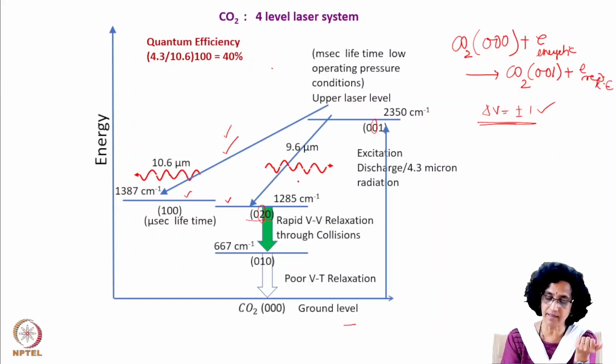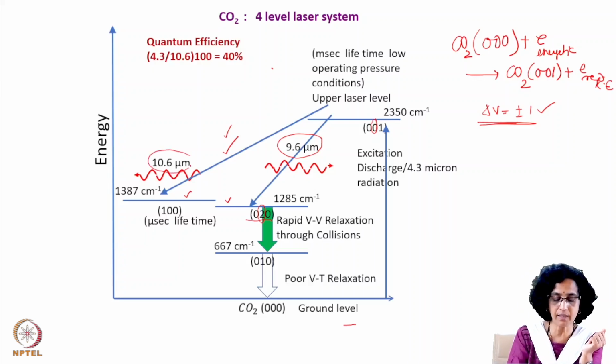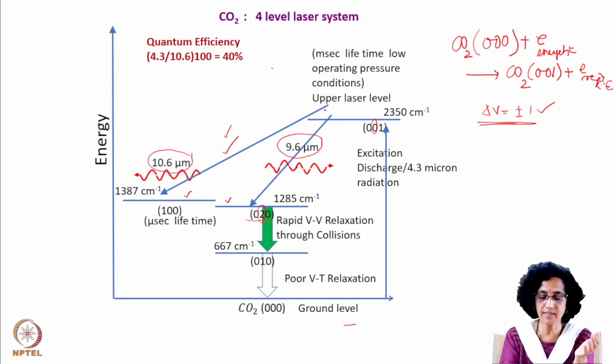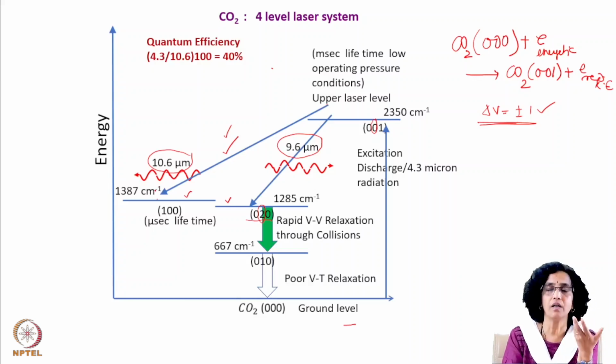and in a CO2 laser, by making special provisions, one can get lasing in the 9 micron band. So this is called the 9 micron band and the 10 micron band. So when you have lasing from the 001 to 100, we get the 10 micron band. What is meant by 10 micron? The energy difference between this and this gives rise to radiation which has wavelength in the 10 micron region.